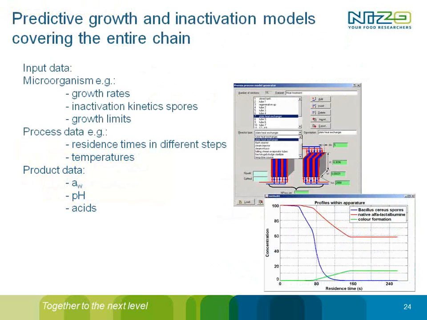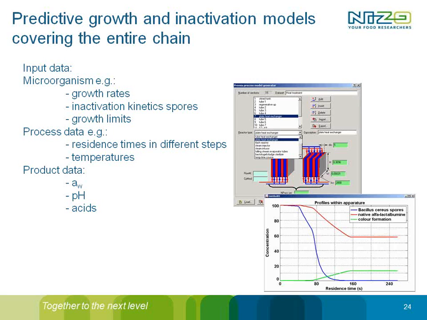Premia is a platform which is very well suited for the description of process-product interactions. On one hand, we have our process data, for example the residence time in different steps in a heat exchanger. You can see a screen dump from NIZO Premia for a heat exchanger, where you can describe the heat exchanger in very large detail.